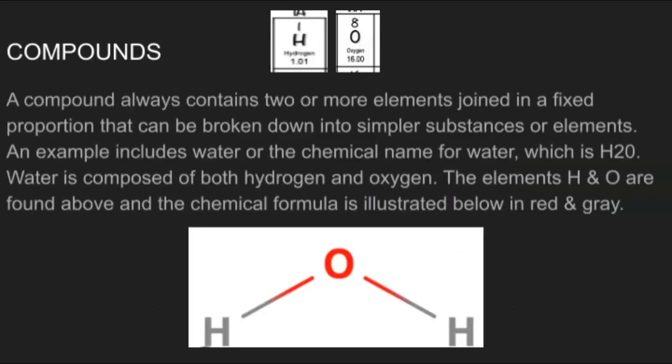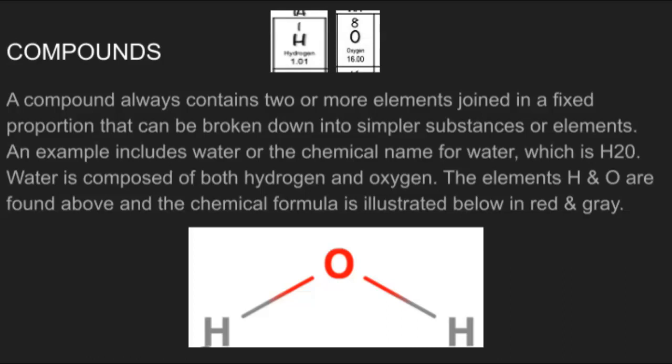A compound always contains two or more elements joined in a fixed proportion. A compound is a substance that is made from two or more simple substances that can be broken down into those simpler substances. The simpler substances are either elements or they're compounds, and in this case we're looking at water as the compound, H2O, and that's because most of us are familiar with that chemical formula.